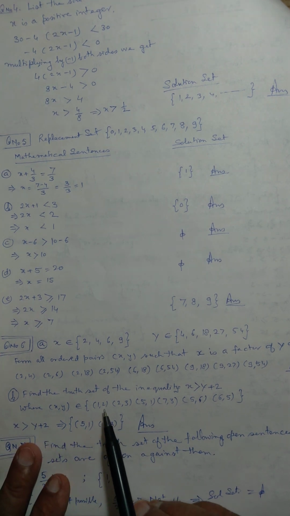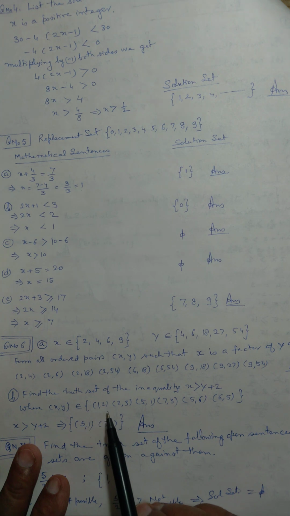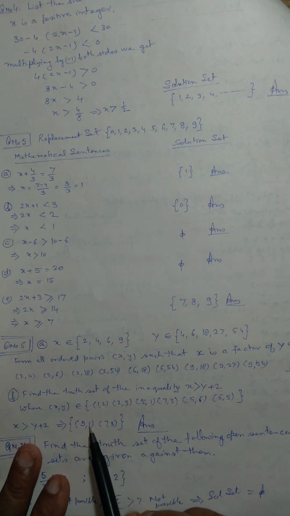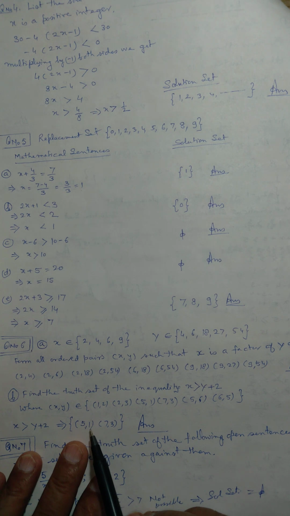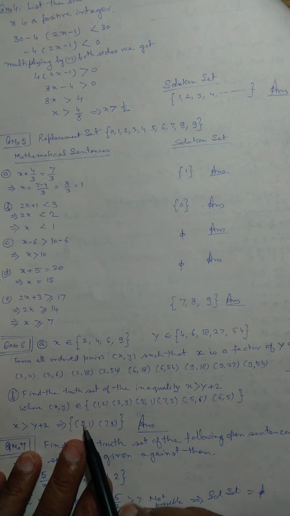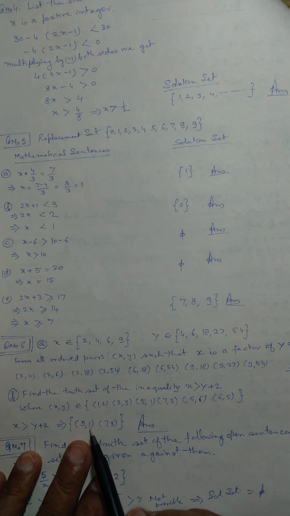So we have to see if we add 2 to the y part, x should be greater than this portion. Now you see, if you add 2 to this 1, it will be 1 plus 2, that will be 3. So 5 is greater than 3.